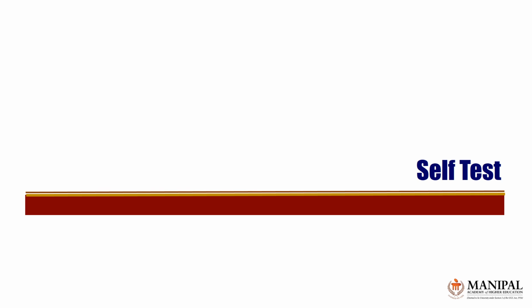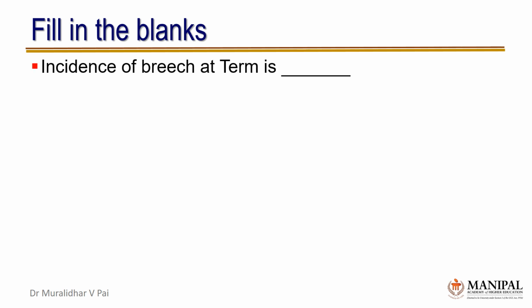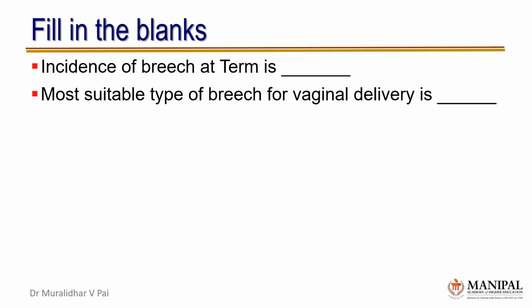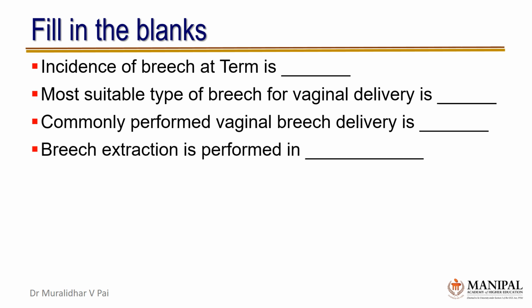It's time for self-test. Fill in the blanks. The incidence of breech at term is dash. Most suitable type of breech for vaginal delivery is dash. Commonly performed vaginal breech delivery is dash. Breech extraction is performed in dash.